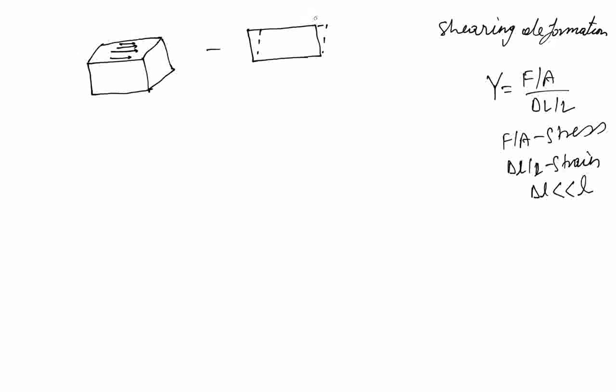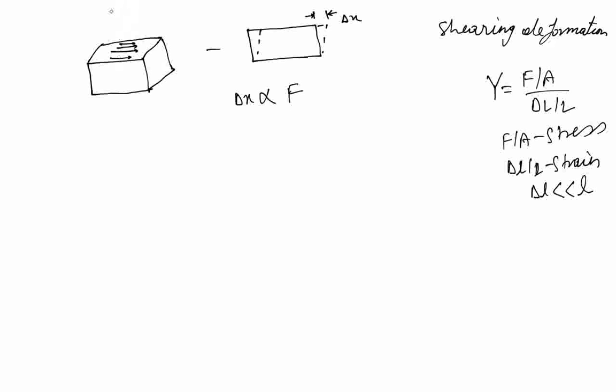Similarly, here, let's say the deformation is delta X. Similar to the last example, we can say delta X certainly is proportional to the force applied. The more you apply the force, the more it is going to get deformed.